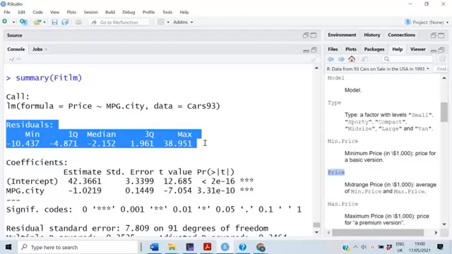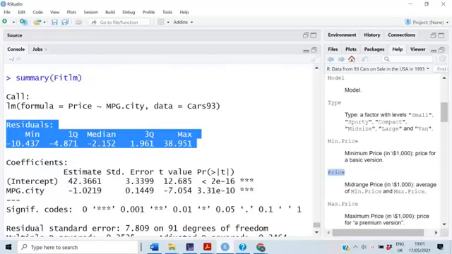The y's are beta naught plus beta 1 x, and the variance is also sigma squared. The residuals are what you use to estimate the error associated with your model, because the residuals are the difference between the actual values and the predicted values on the line. So if my line passes through all the points, then my residuals will be 0.